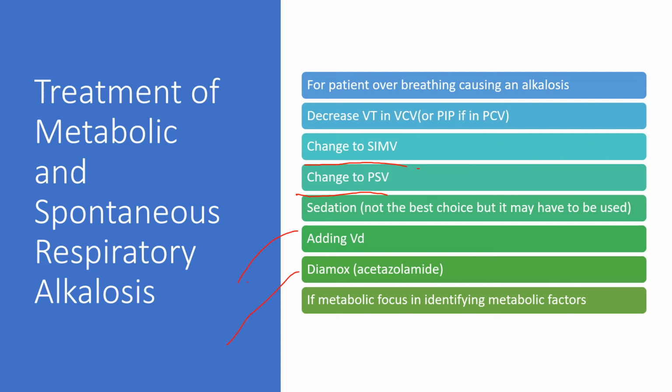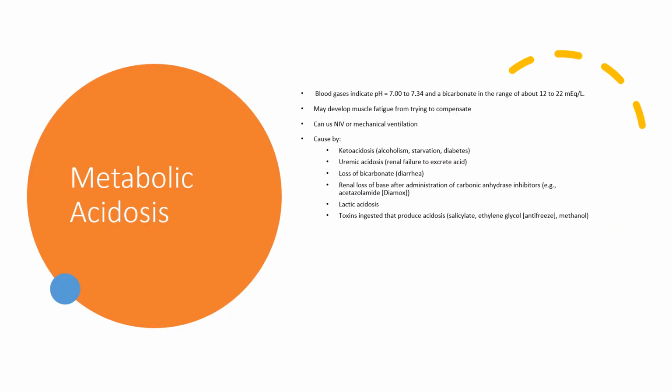With the metabolic focus, the big thing here is identifying the metabolic factors that led to that alkalosis. So treating the underlying cause is not something to overlook, of course. We can treat them with the ventilator by doing these tactics, but trying to find the cause and treat the cause is traditionally going to be the most valuable return on investment.